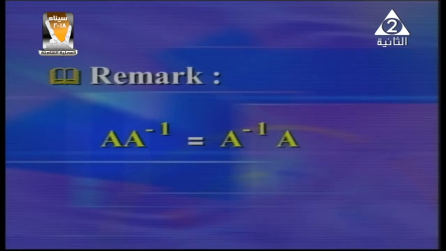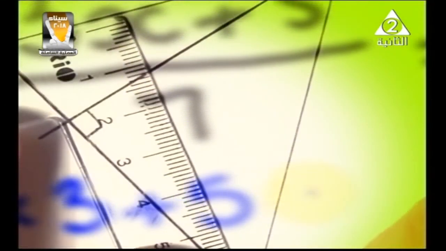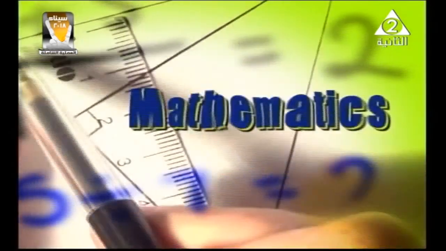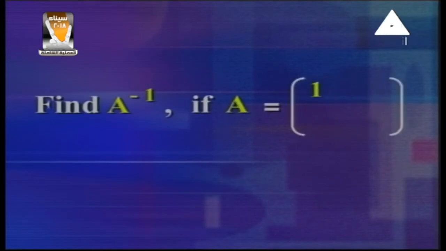Remark, dear student: A times its inverse equals the inverse times A equals I, the identity matrix. Find the inverse of A if matrix A equals 1, negative 2, 3, negative 4.